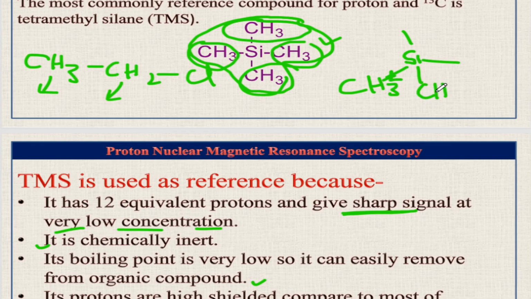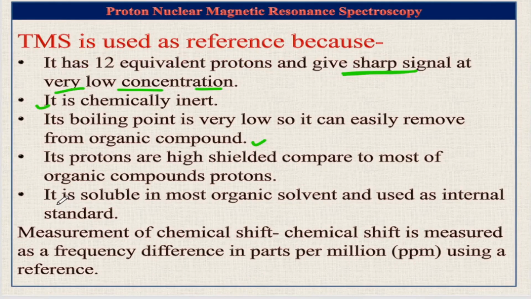So here the electron density is high, and the electrons behave as a magnet and oppose the applied magnetic field. The greater the electron density, the greater the opposition to the applied magnetic field. So its protons are highly shielded. It is soluble in most organic solvents, so it is used as an internal standard or internal reference.